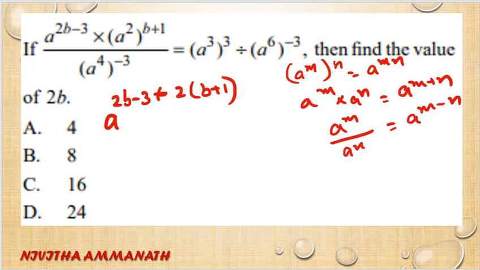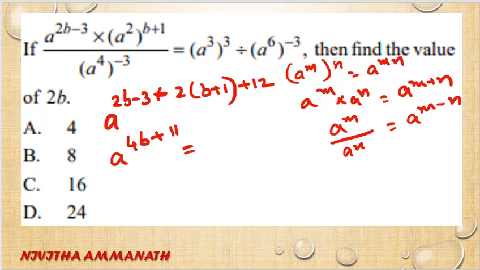So a divided by a^(−12) is the same as a^12 here, so plus 12. So this is the same as a^(4b − 3 + 2), that is −1, plus 12, that is plus 11.